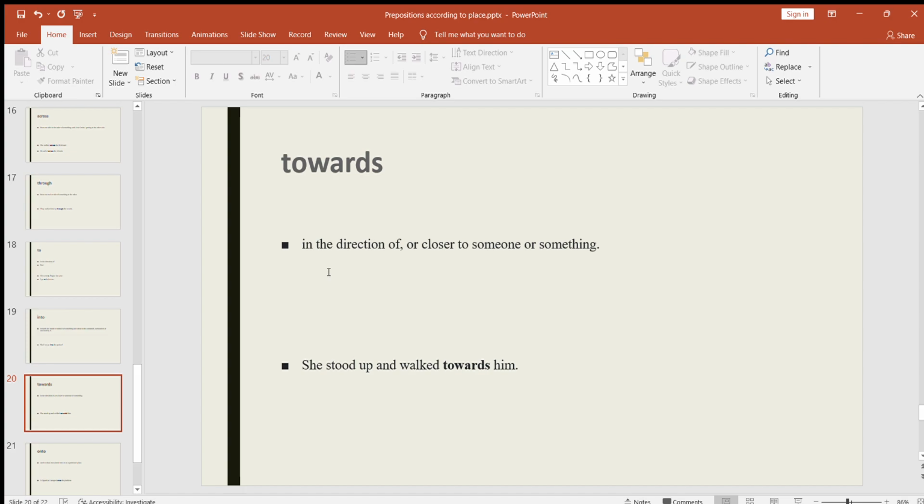But I am not mentioning what place exactly I'm going to, so it is not a direct direction. But if I say I'm going to the cinema, then I'm talking about the direct direction. If I'm just saying I'm going towards this side, I don't know where exactly I'm going.